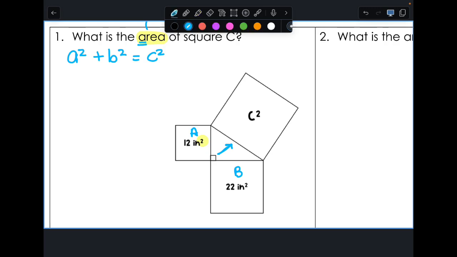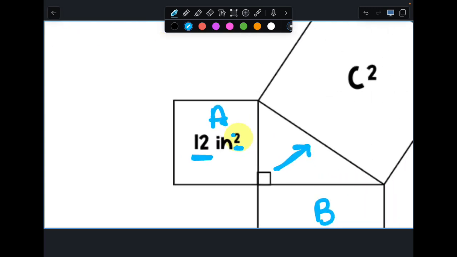So what is A squared? If it already has that little 2, you don't need to square it again. What is A squared? Axel, it already has the little 2. 12 squared, you are right. 12 times 12 is 144, but it already has the little 2, so that means you don't need to do it again.